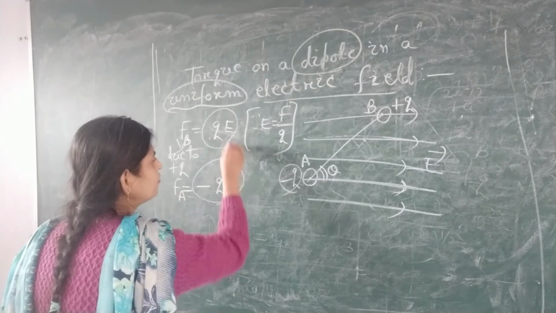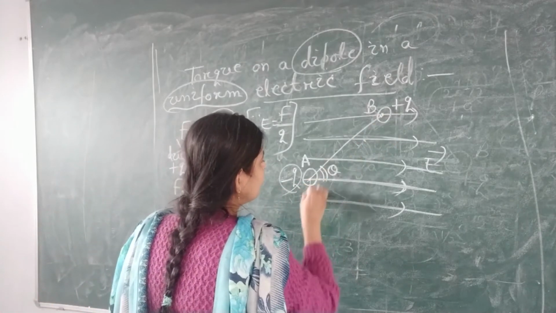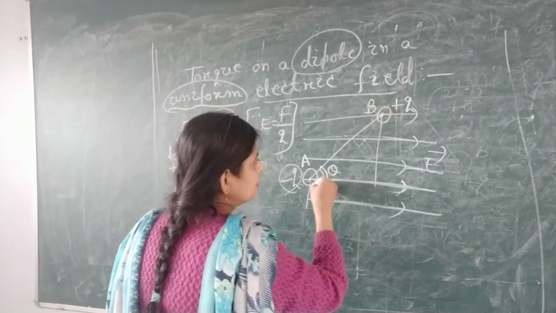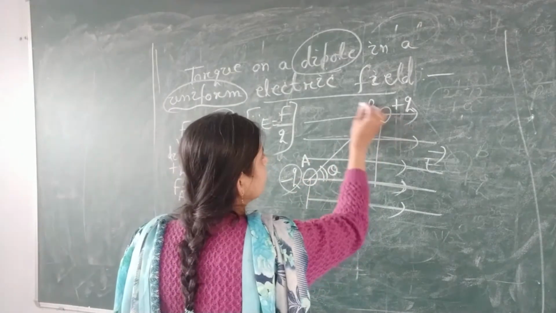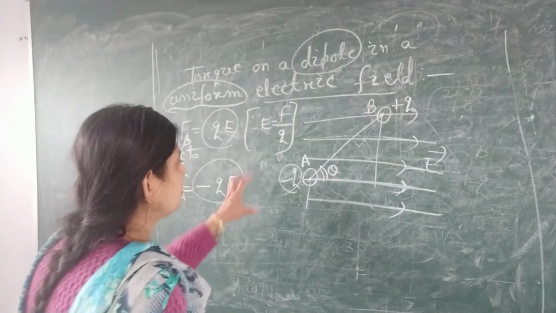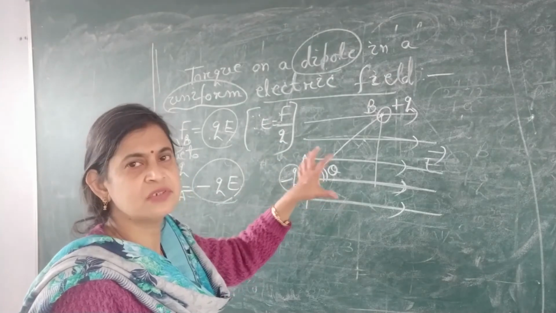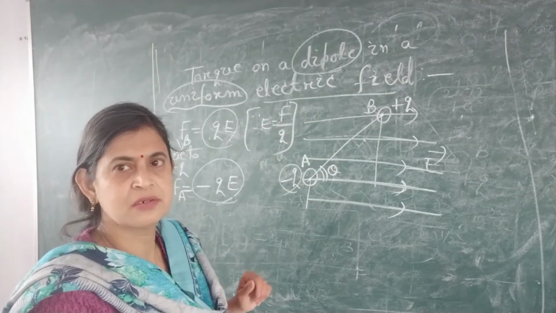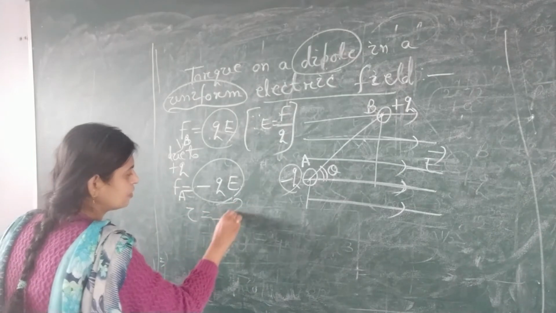But these two forces act on different points of the dipole, so they will experience a turning effect, which is called torque. So you have to find out torque is equal to how much?